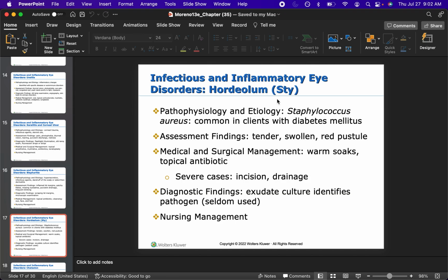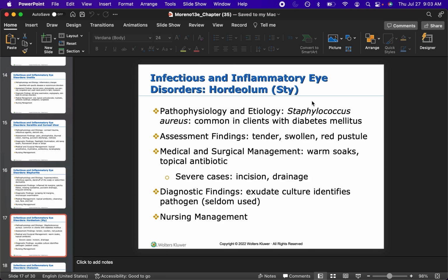A sty. I don't know if any of you have ever had a sty, but they're super uncomfortable and annoying, and they don't look the prettiest. This one is usually common with the infection of staph into your eye, and it's very common in clients that have diabetes. If you've ever had a sty, you can actually see it. It almost looks kind of like a pimple.